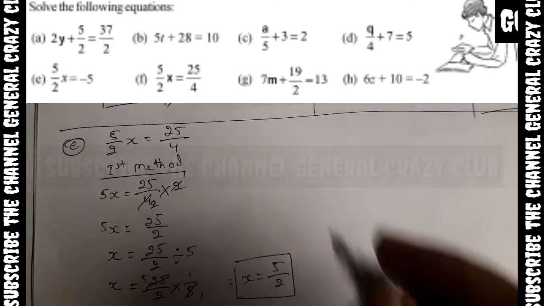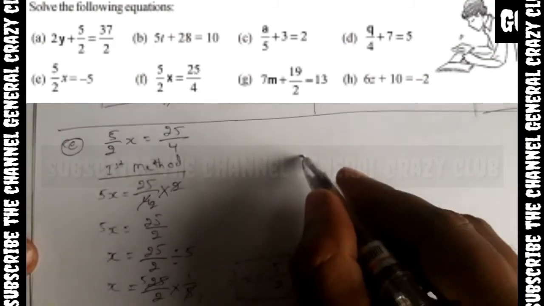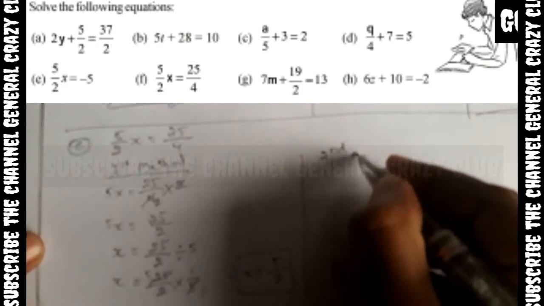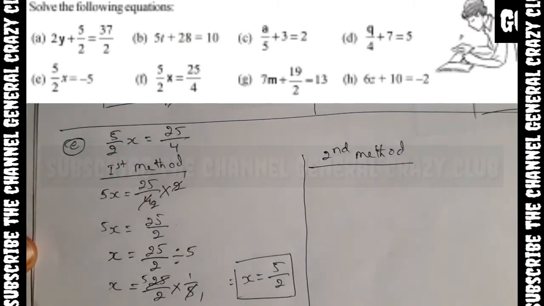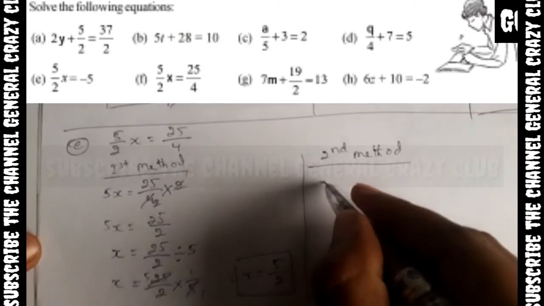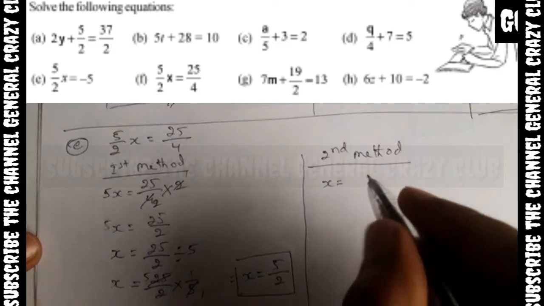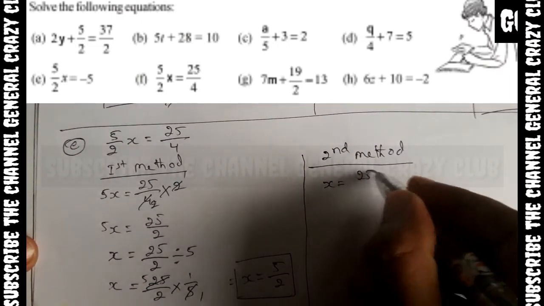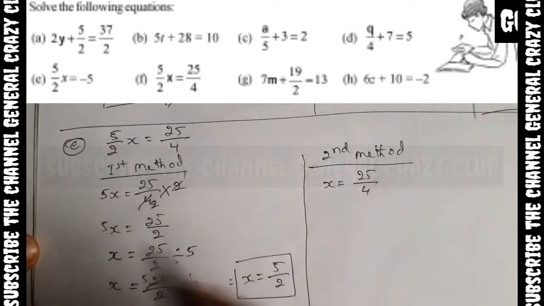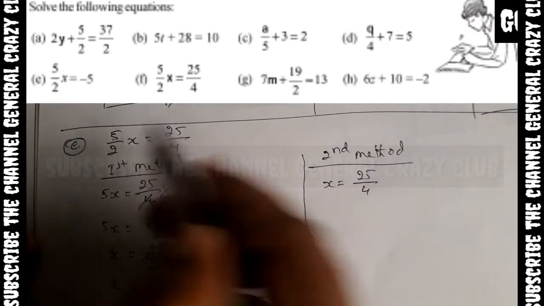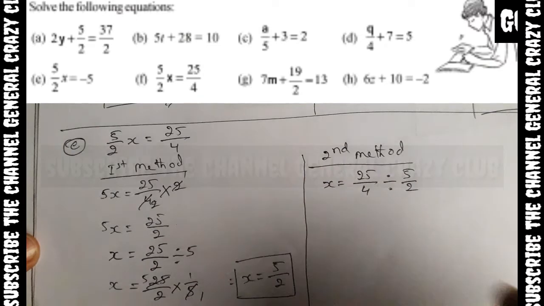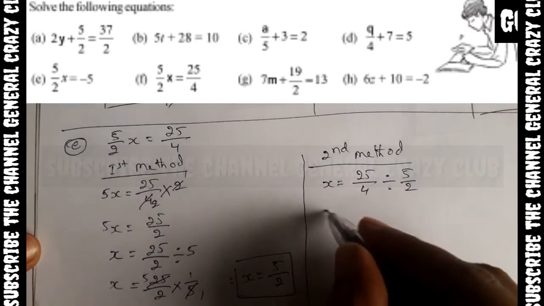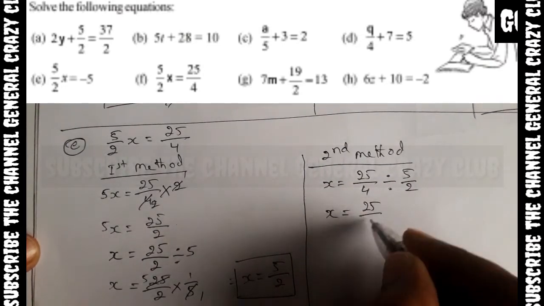5 by 2. And second method, the same equation we are solving here. Second method, x is equal to 25 by 4. It is transposing the whole number, whatever is here, division by 5 by 2. Okay, x is equal to 25 by 4.